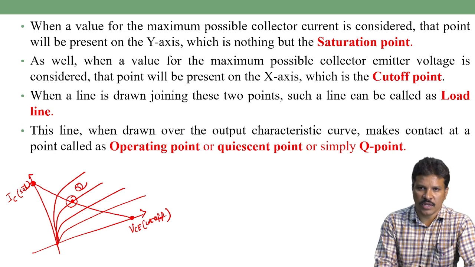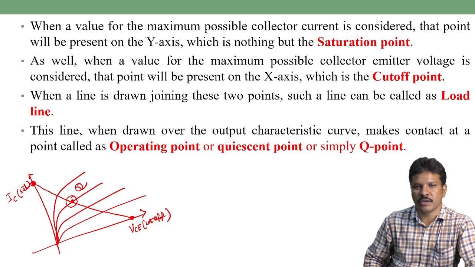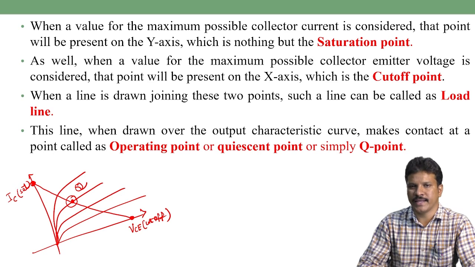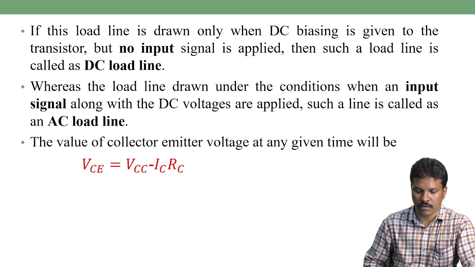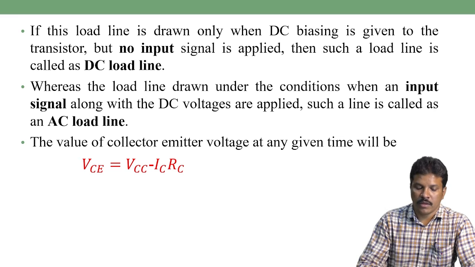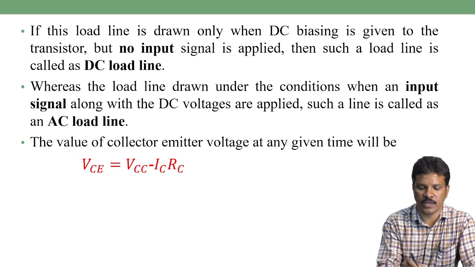Graphically we can draw this Q point, and from the mathematical equation and the characteristic graph of the amplifier circuit, we can get the Q point coordinates. If the load line is drawn only when DC biasing is given to the transistor, but no input signal is applied, then such a load line is called the DC load line.